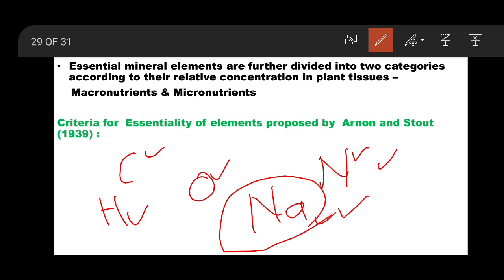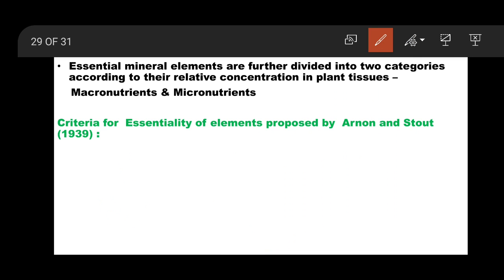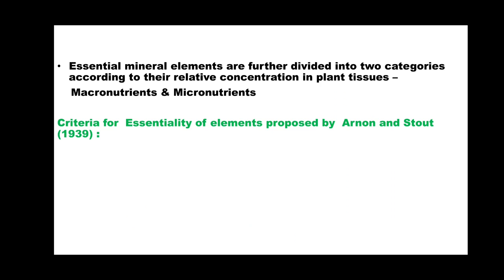तो इसके लिए आर्नन एंड स्टाउट, इन दोनों साइंटिस्टों ने इसका क्राइटेरिया दिया हुआ है। So what are the points coming under this criteria of essentiality of mineral elements?